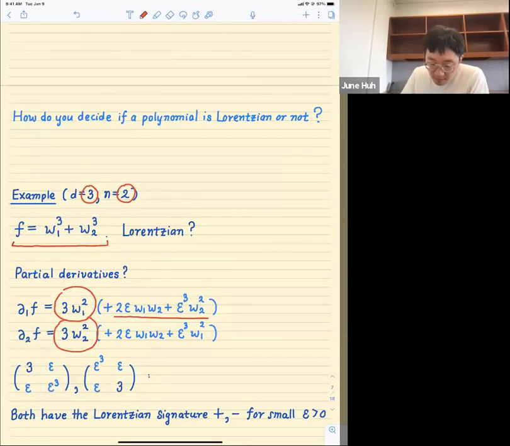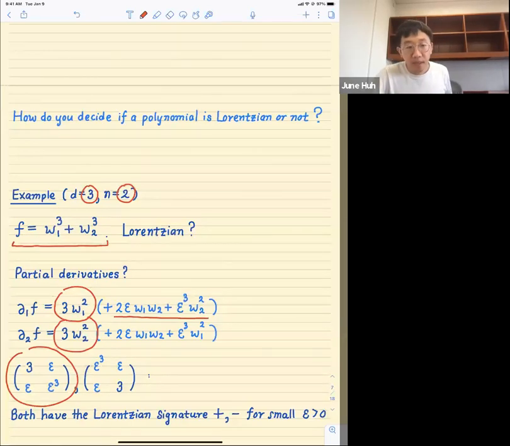And that corresponds to the quadratic form you write in matrix form by 3, epsilon, epsilon, epsilon cubed. Now these new 2x2 matrices, with epsilon positive but small, have all entries positive, and their determinant is negative. That's why I have used the cube here. So therefore, it must have 1 positive eigenvalue and 1 negative eigenvalue. So this is Lorentzian, and same for the second partial too.